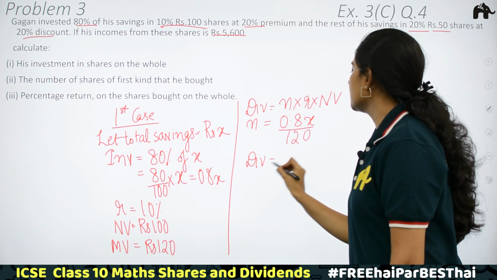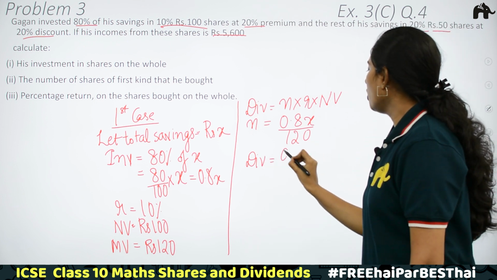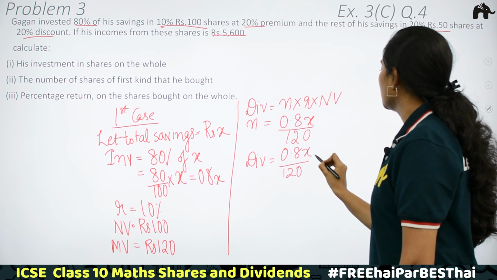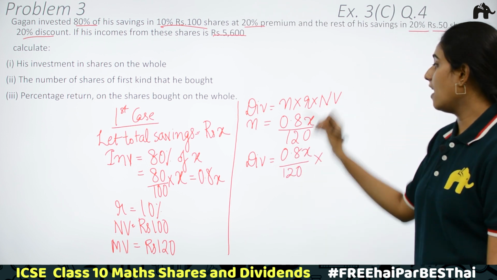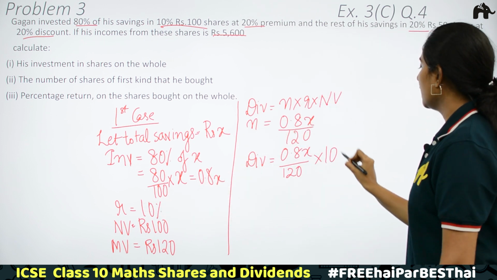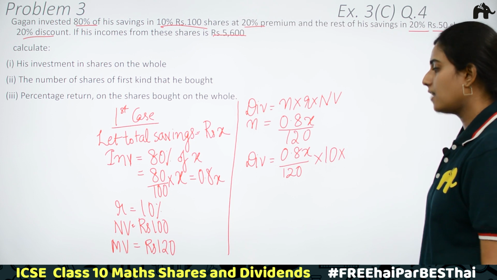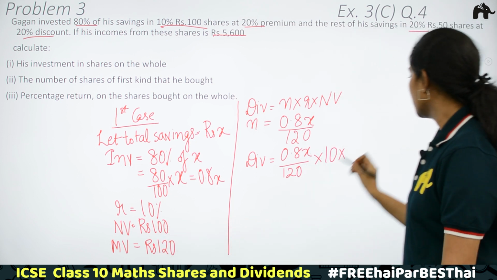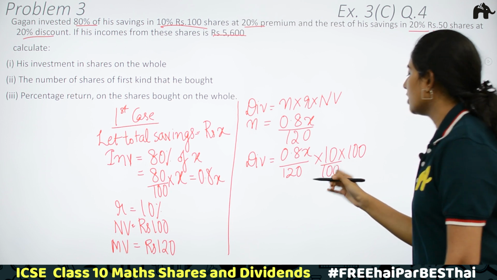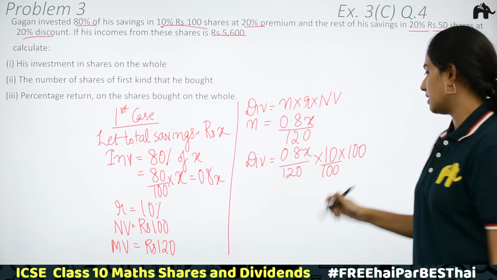Dividend is equal to 0.8x by 120 into R. R is 10%, so 10 into nominal value of 1 share, that is 100. We have to divide by 100 because rate is 10 by 100.